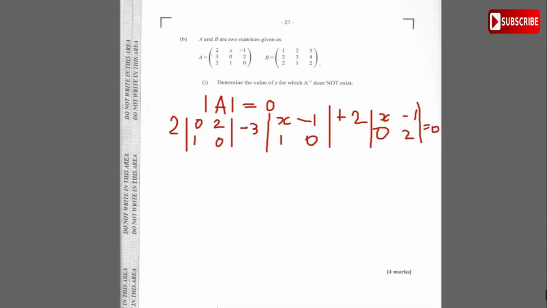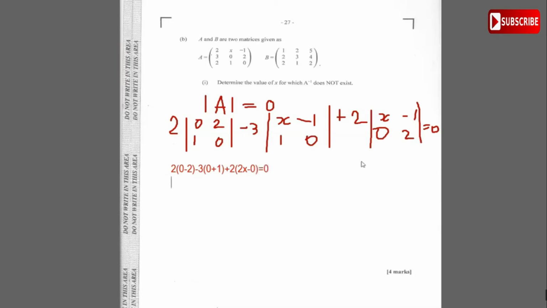So working this out, what we're going to be getting is 2 times 0 times 0 is 0, minus 2 times 1 is 2, minus 3 times x times 0 is 0, minus 1 times 1 is minus 1, so it's minus 1, which is plus 1, plus 2 times x times 2 is 2x, minus 0, that is equal to 0.